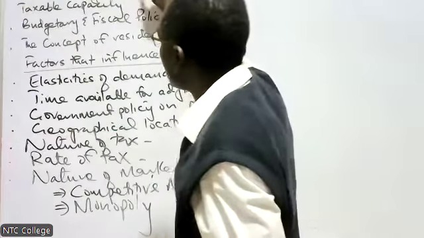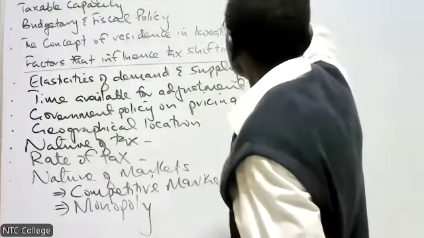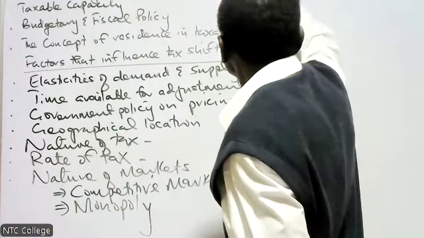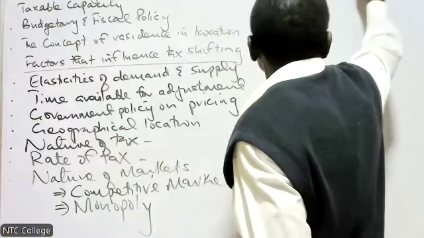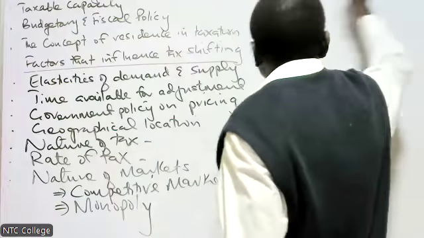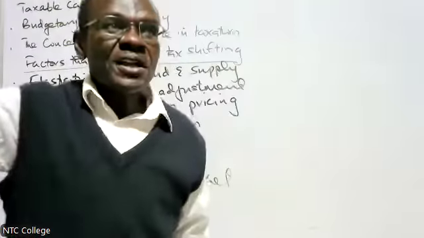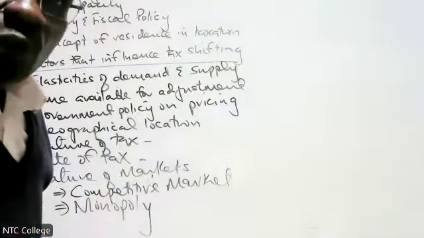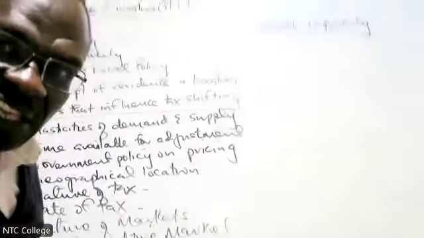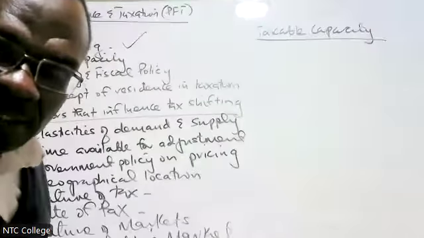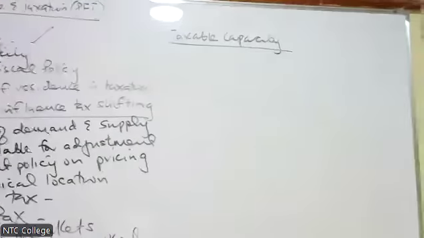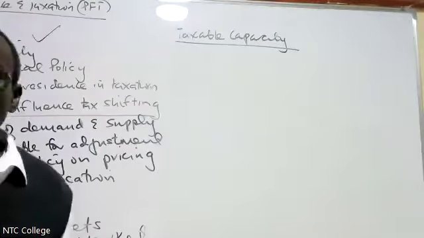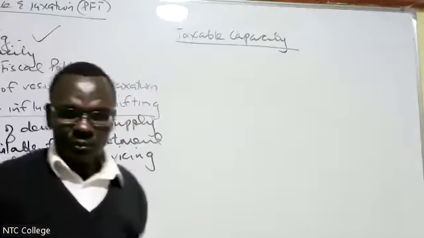Now I introduce the next concept called taxable capacity. The concept of taxable capacity. So taxable capacity is the maximum amount of tax the government can obtain from a country, from the citizens, or even from an individual.